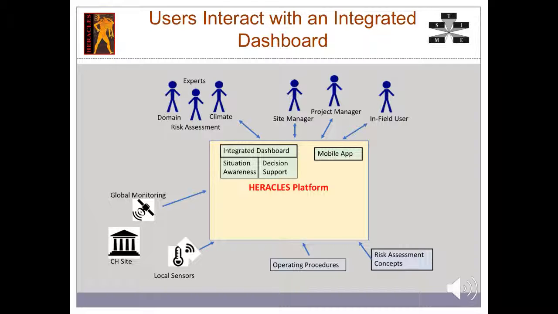It allows them to gain situational awareness, to access sensors that sense data about particular sites, and it provides decision support by helping the actors walk through the steps required to come to a good decision. There's also a mobile app associated with it that allows for communication in the field.